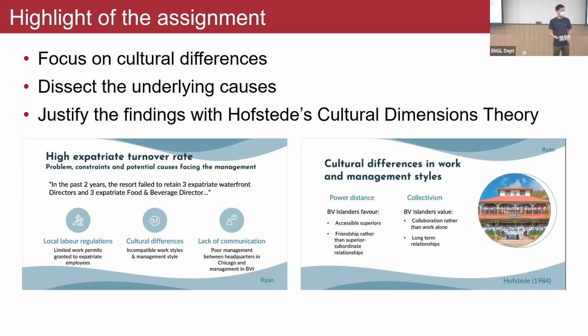One of the observations is that BV Islanders, who are the locals, tend to accept more accessible, approachable superiors, and they also pursue a friendship kind of relationship with their subordinates.